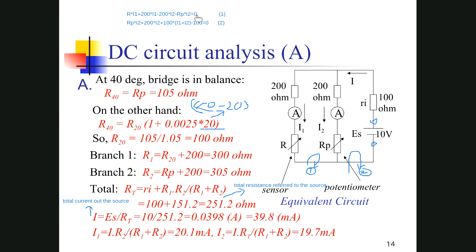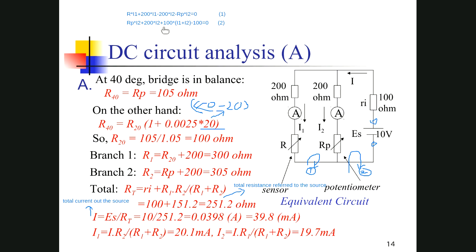Now, coming to loop 2, we start from the RP in the clockwise direction. So the RP with the current I2, voltage up. The 200 ohms with current I2, the voltage up.